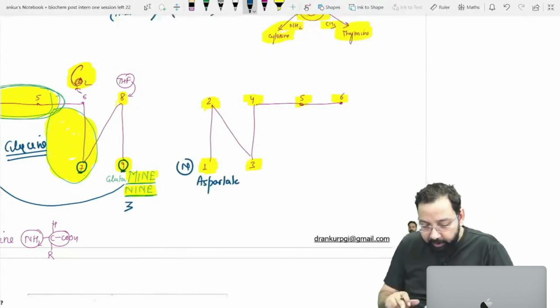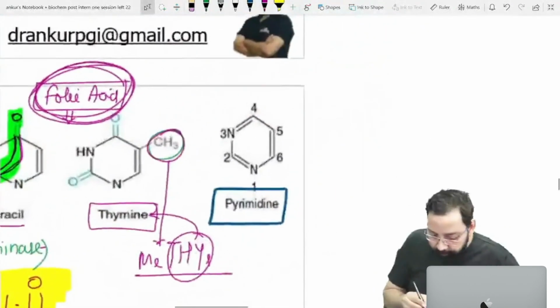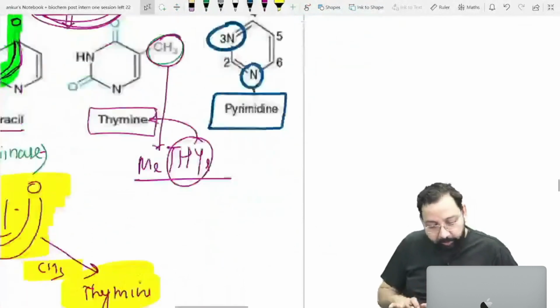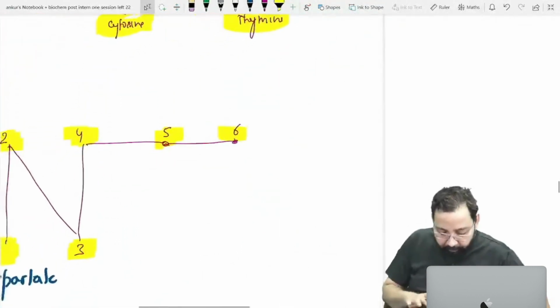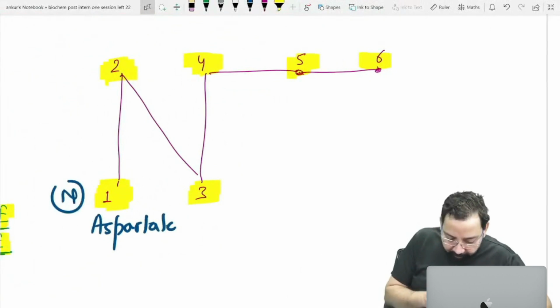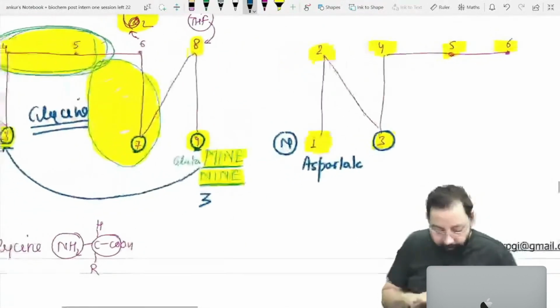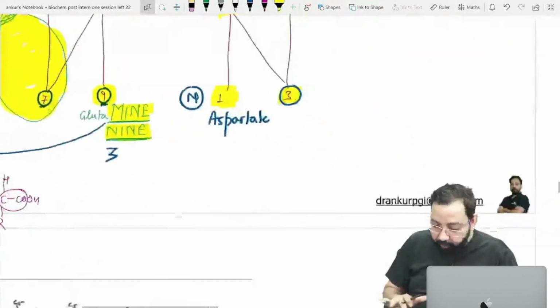First and third are nitrogen. The first is contributed by aspartate, and the third is contributed by glutamine.